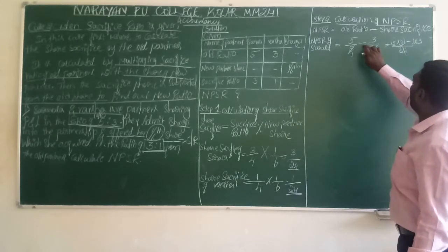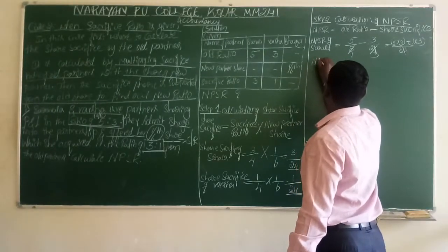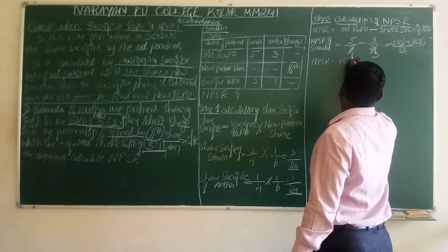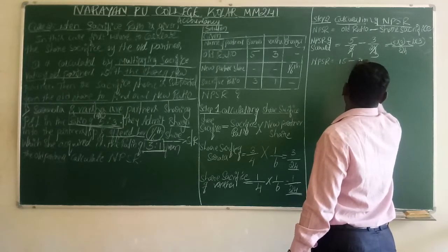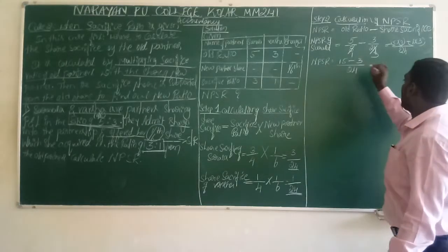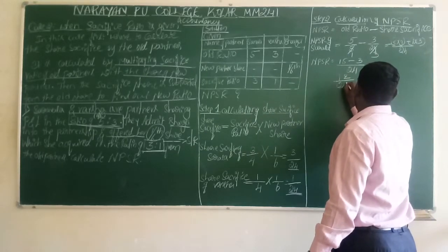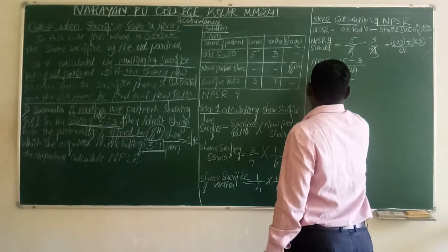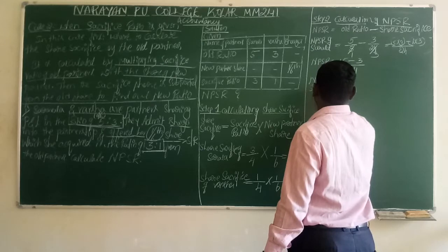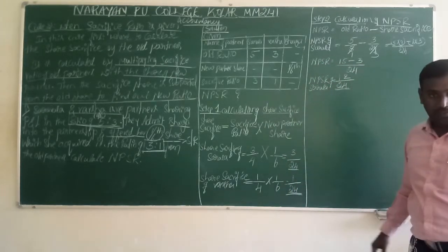Therefore NPSR is equal to 5 threes are 15 minus 1 three is 3, divided by 24. 15 minus 3 is 12, so 12 divided by 24. NPSR of Sarala is 12 divided by 24.